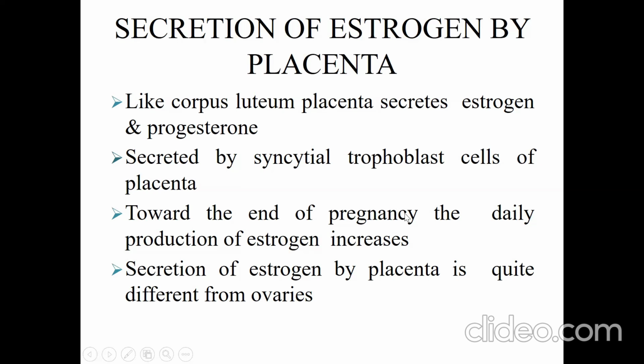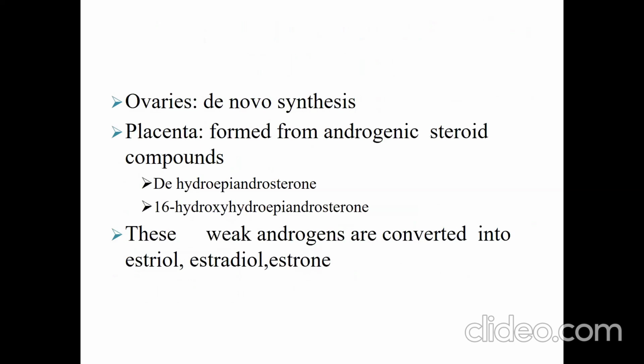Towards the end of the pregnancy, the daily production of estrogen increases threefold or fourfold. The secretion of estrogen by the placenta is quite different from that of the ovaries. Ovaries regularly synthesize estrogen. The placenta secretes androgenic steroid compounds: dehydroepiandrosterone and 16-hydroxy dehydroepiandrosterone.